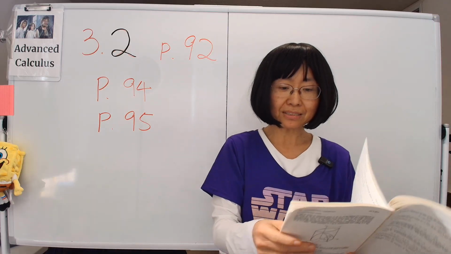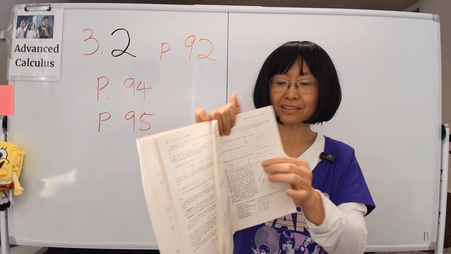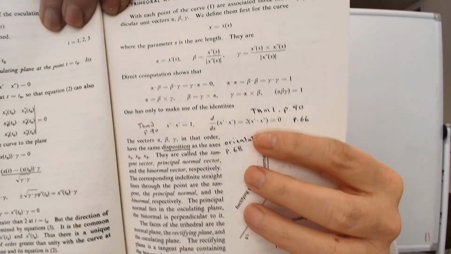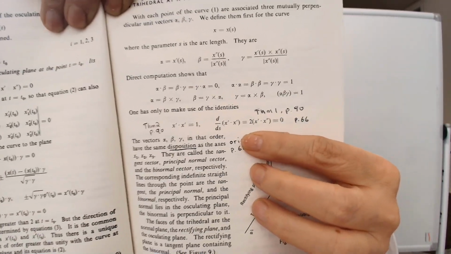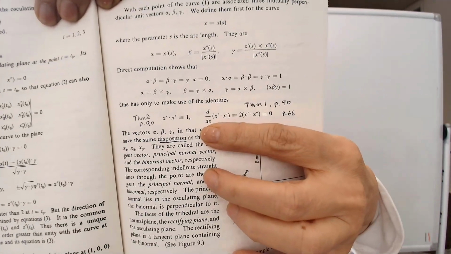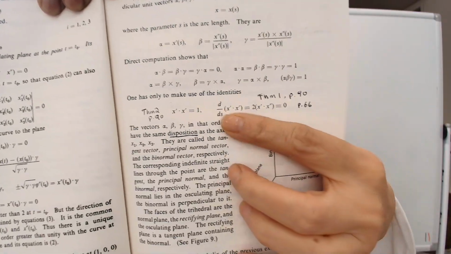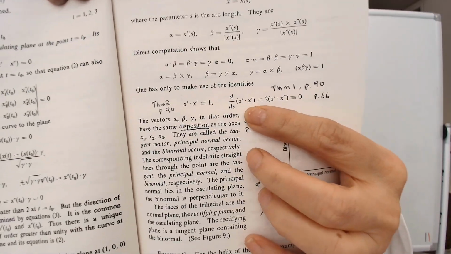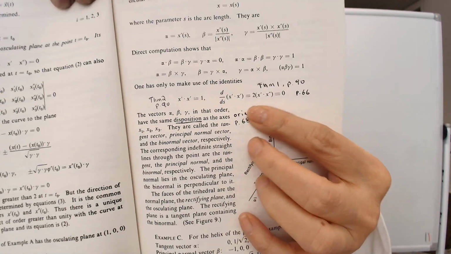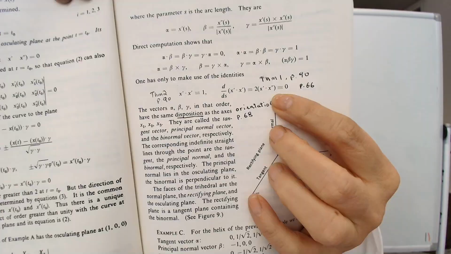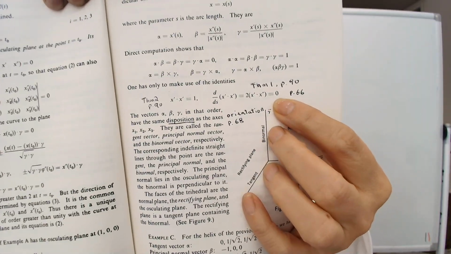Which means that here's a neat trick that we're going to use to prove all the stuff. The neat trick says that because x prime dot x prime is always 1, then its derivative with respect to s would be 0, always. Now if that is the case, then taking the derivative of x prime dot x prime, which by the product rule is 2 times x prime dot x double prime, will be identically 0.